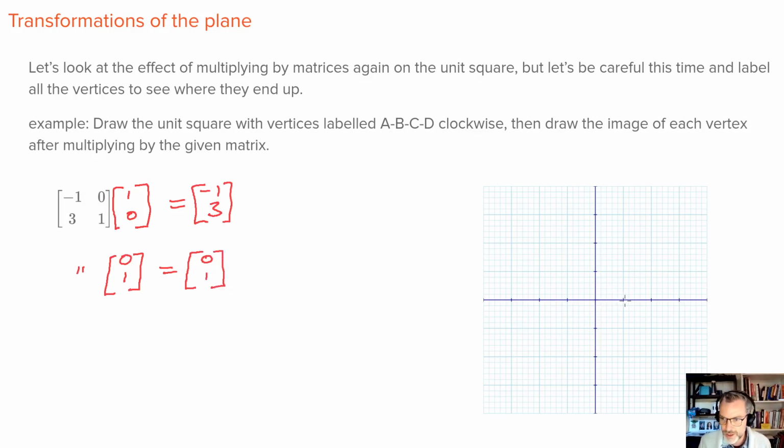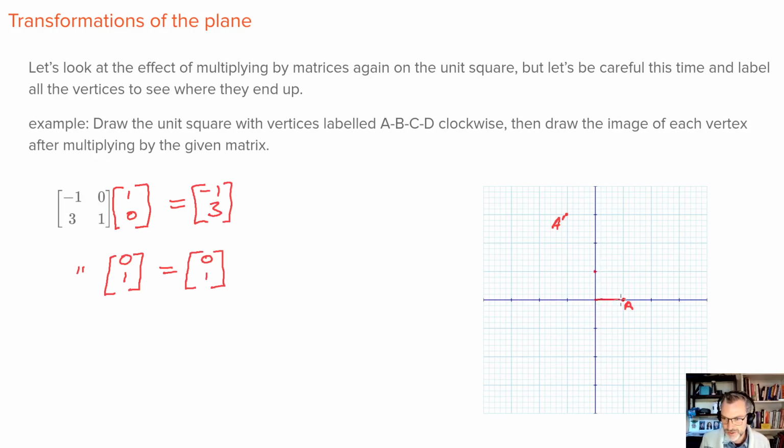Okay, so I can start drawing it. Initially I have 1, 0, so I'm going to just draw it like this. Label that as A. And then it goes to negative 1, 3, all the way up here. And I'll just put A prime. So it just ends up here. And at 0, 1, this is where I start and this is where I end up.